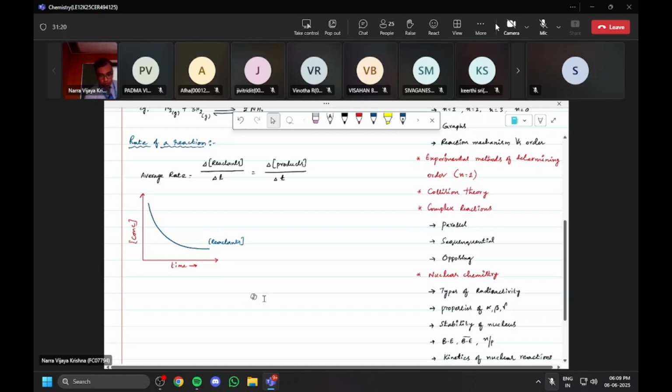Now at time T1, let the concentration be C1. At time T2, let the concentration be C2.